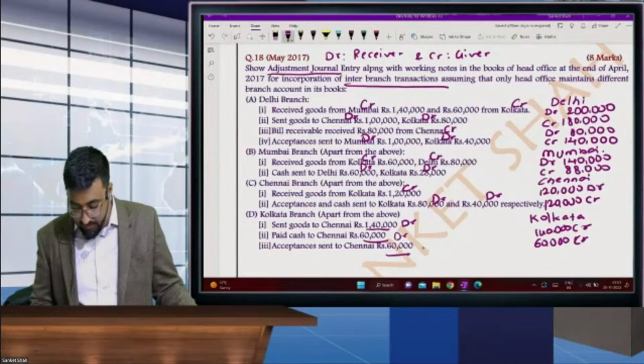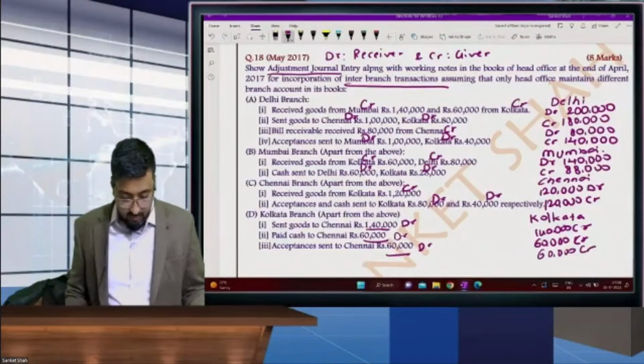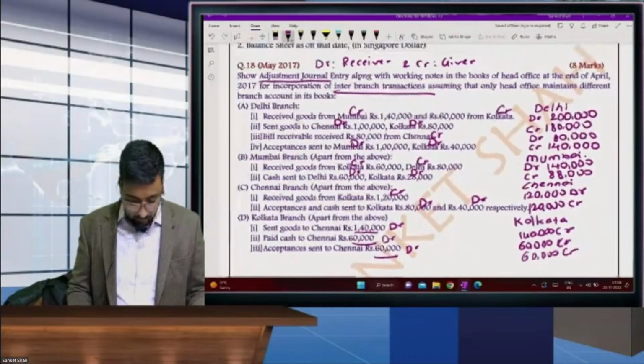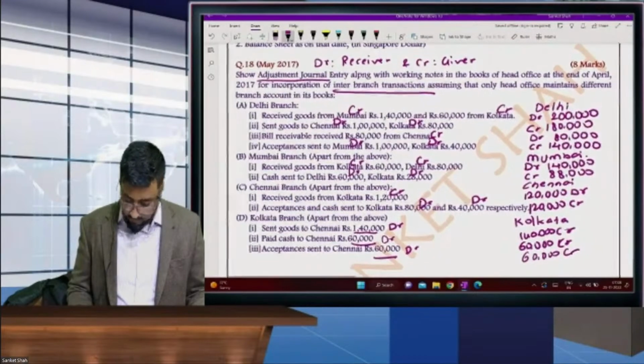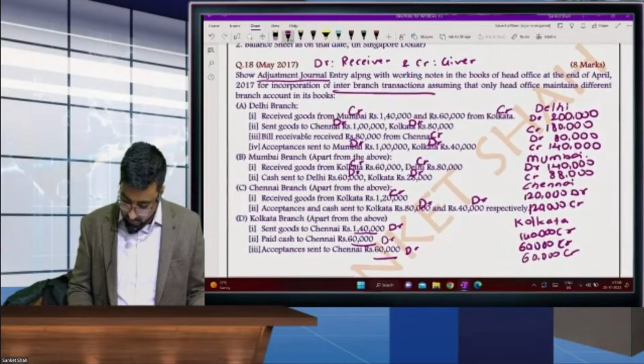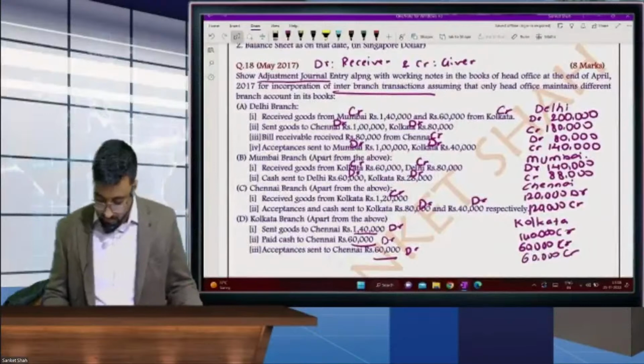And acceptance sent to Chennai. So Chennai is again receiver. 60,000 credit. Okay.